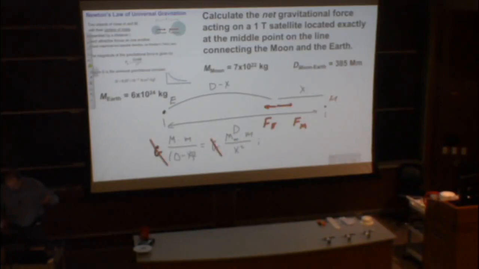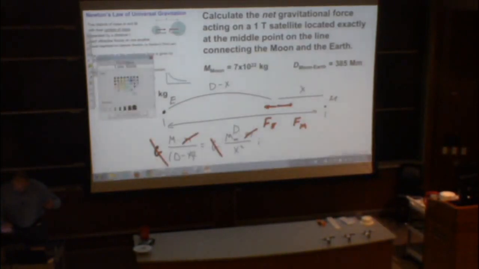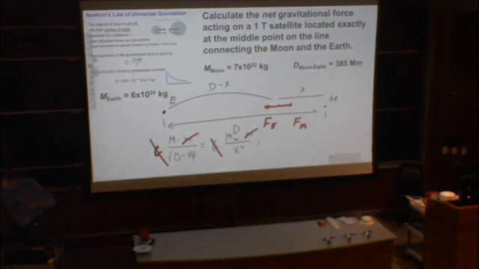First you can cancel some stuff. But if you flip it, your equation now is simpler. This is the mass of the Earth, and this is the mass of the Moon.